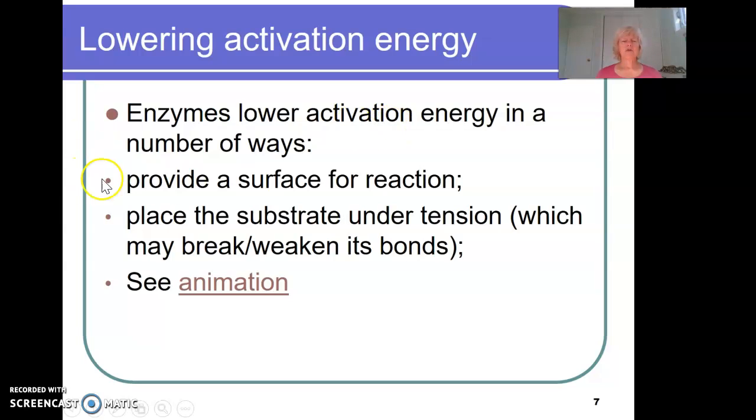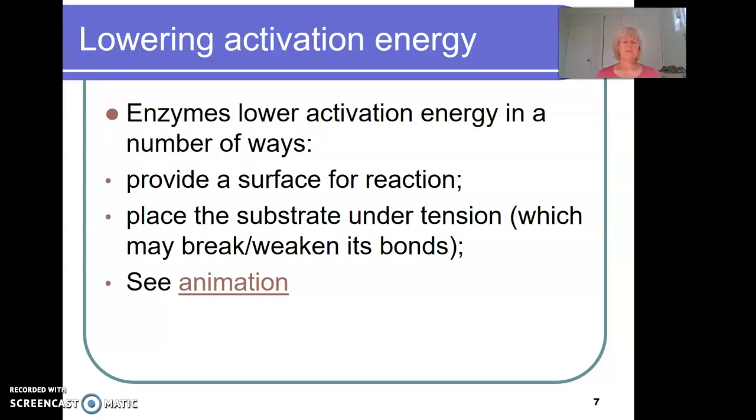And there are basically two ways. Enzymes can either break down substances into their smaller components, or they can use smaller components and fuse them together. So if an enzyme is fusing something together, it provides a surface for the reaction. So what this means, let's say there are two types of molecules, A's and B's, and we want them to react and form a bond.